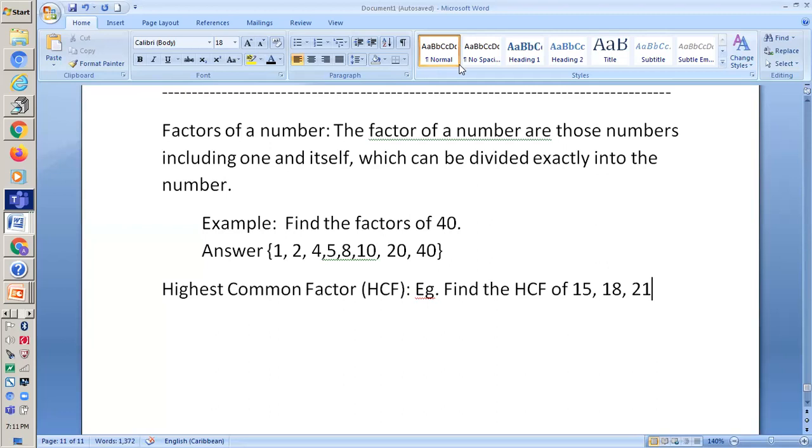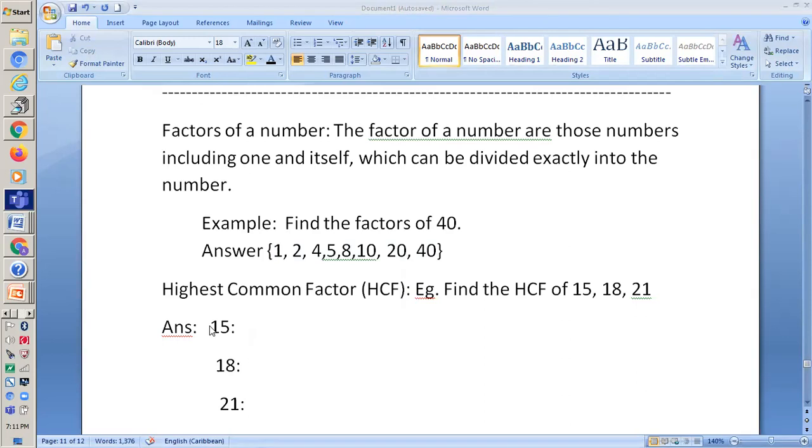So basically, what you're going to do is to find the factors of all of them first. So you find the factors of 15. You find the factors of 18. And you find the factors of 21.